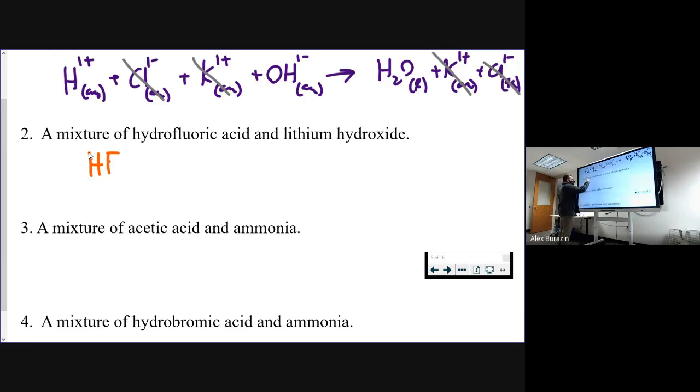It's weak. It stays together. Lithium hydroxide, strong or weak? Strong. Break it apart.